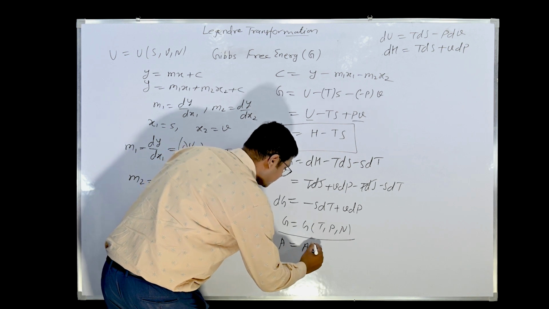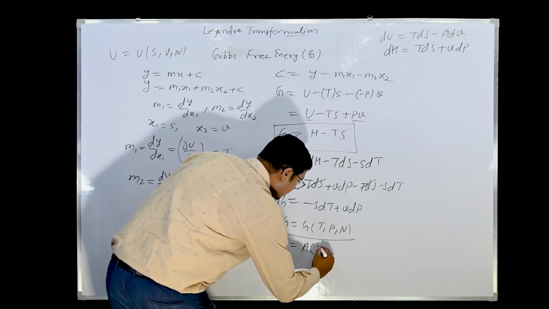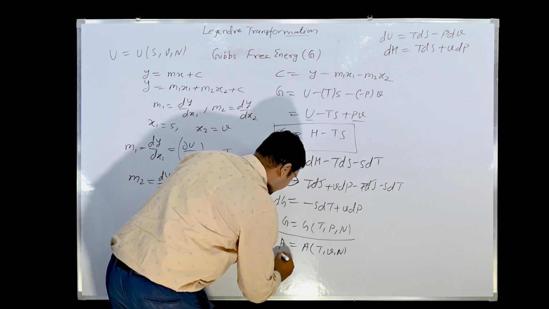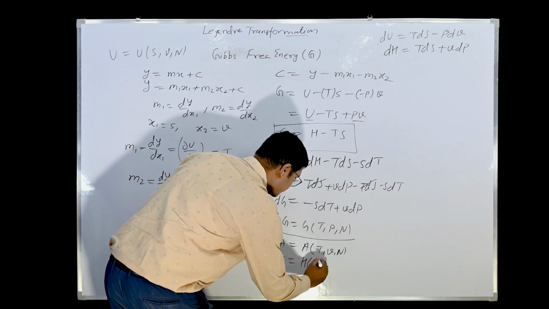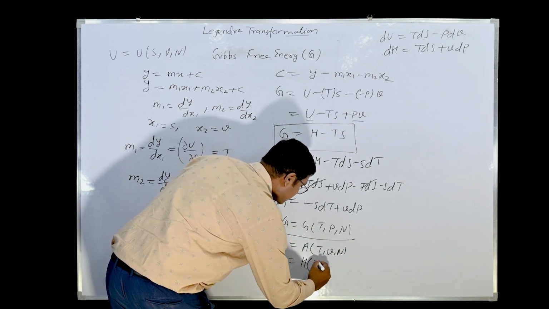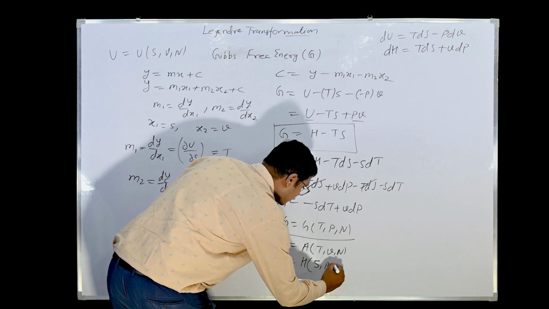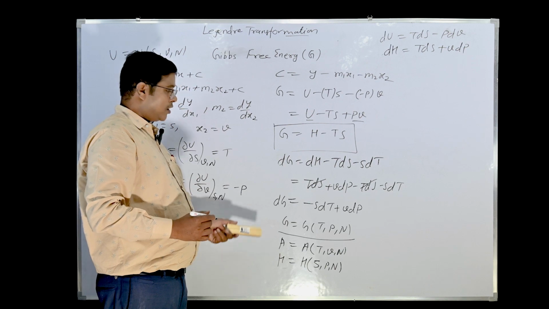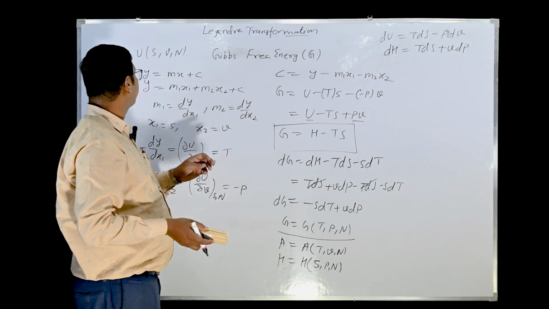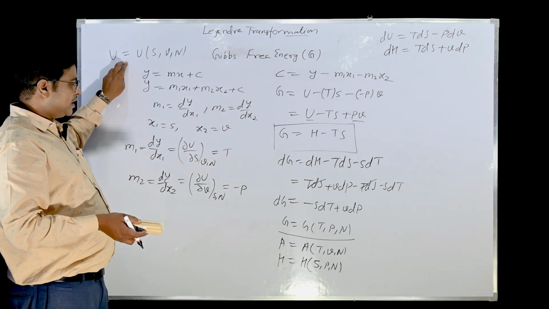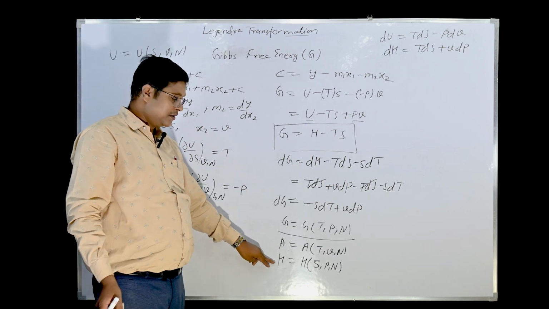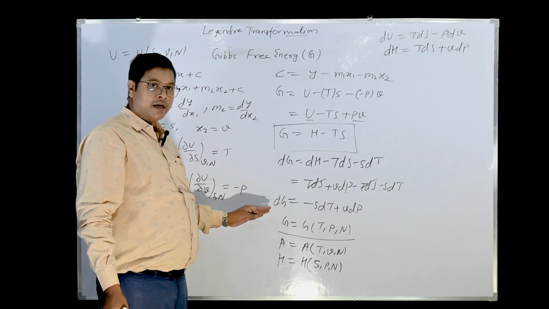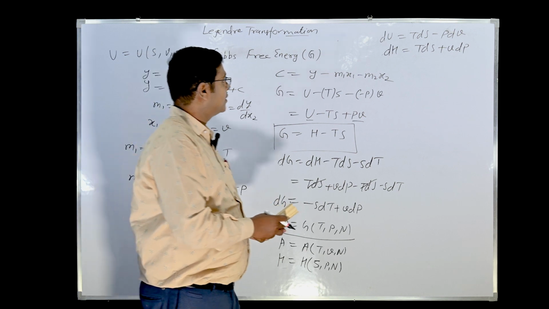A was a function of T, V and N, and H was a function of S, P and N. So by the use of the Legendre transformation on the function internal energy, we can get enthalpy, Helmholtz free energy, and Gibbs free energy.